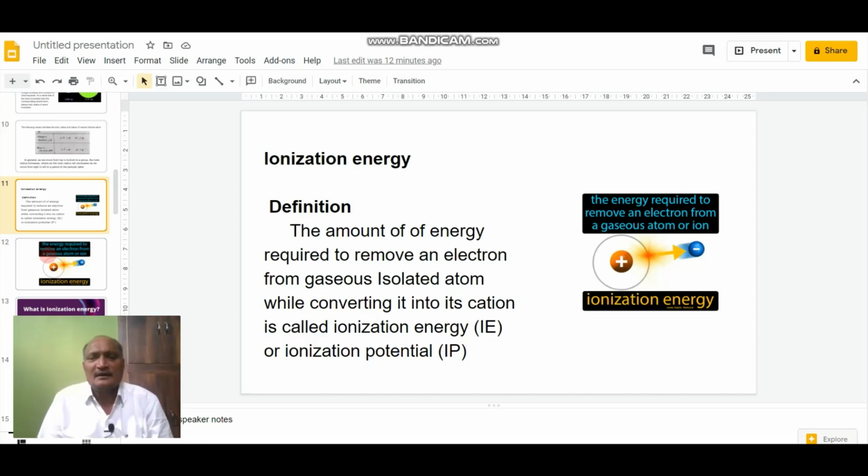Here, the ionization energy is represented by IE, or it can also be represented by IP. IE means ionization energy and IP means ionization potential.